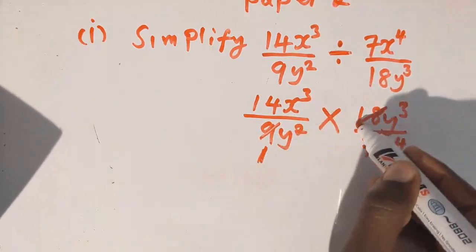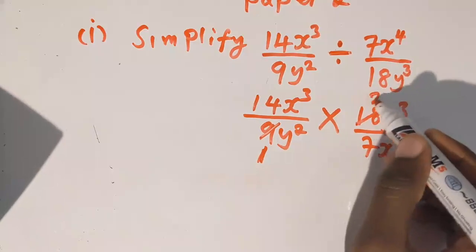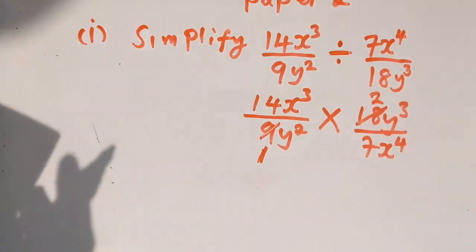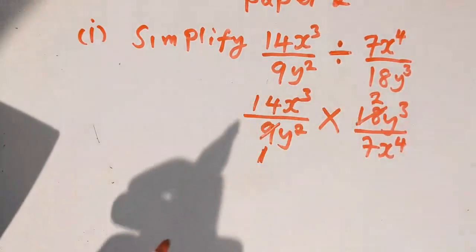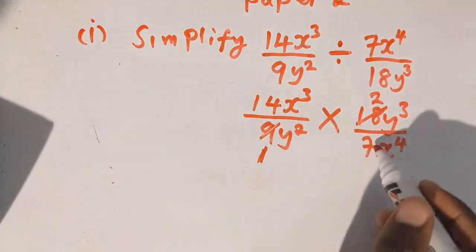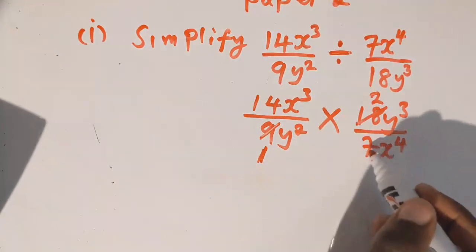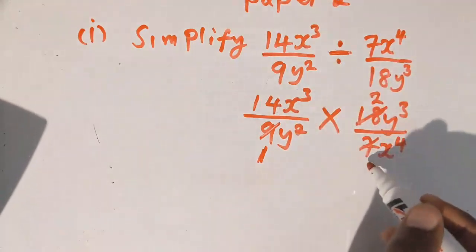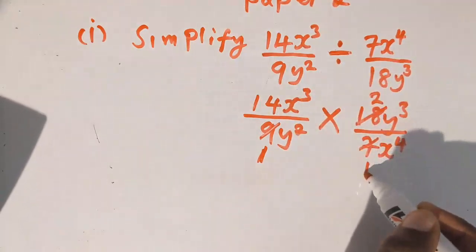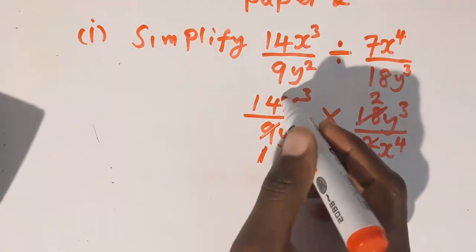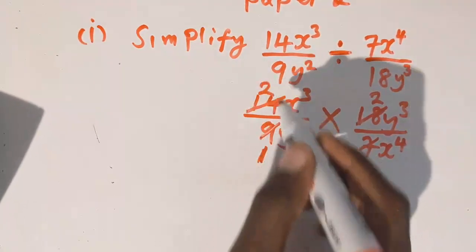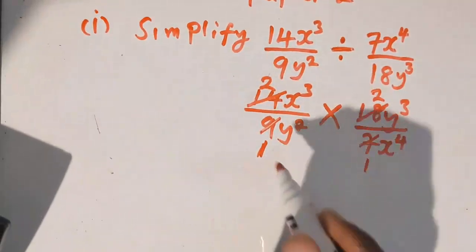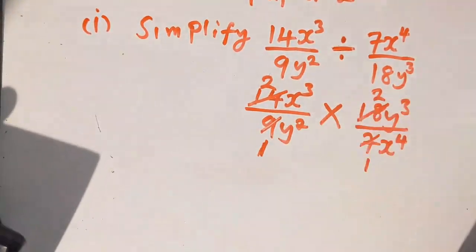Then 9 into 18 is just 2, goes there 2 times. Then even in here, a 7 can go in there. 7 in 7 goes 1 time. 7 in 14 goes 2 times.